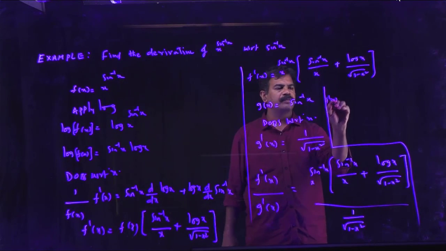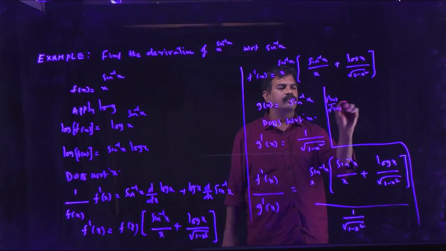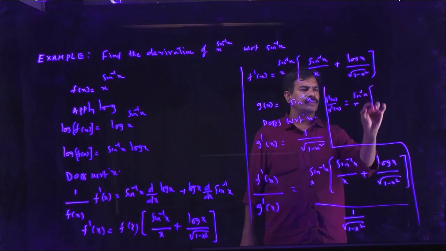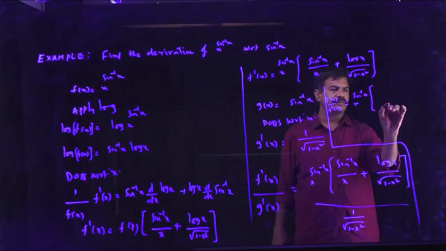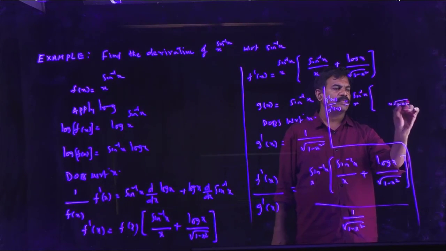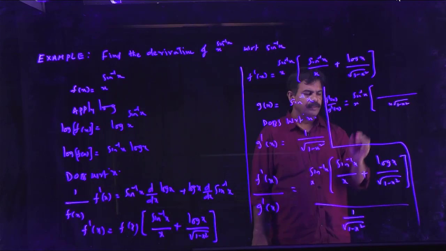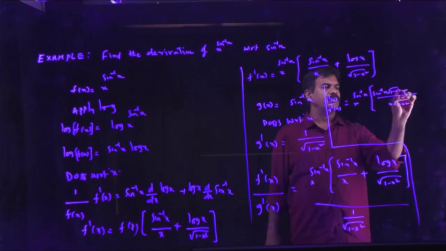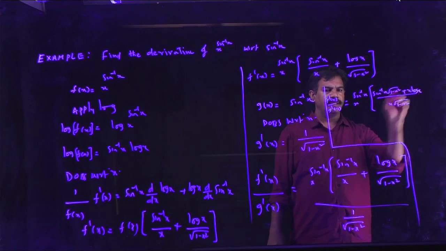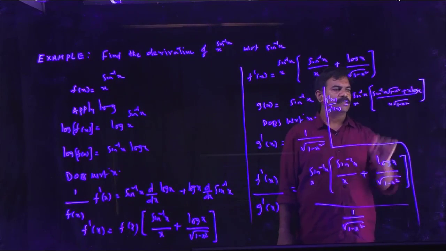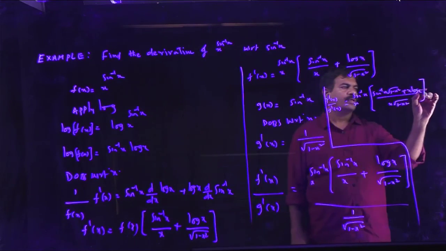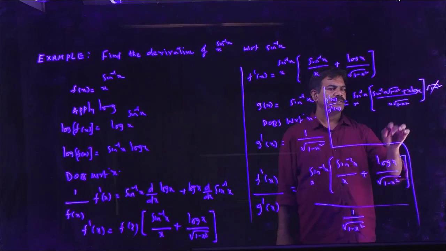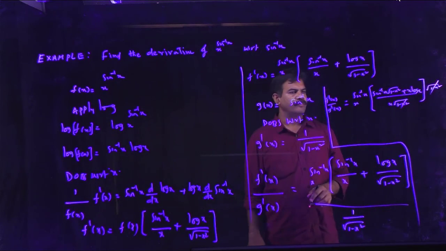F dash x by g dash x is equal to x power sin inverse x into, LCM is x into root of 1 minus x square, sin inverse x into root of 1 minus x square plus x log x into root of 1 minus x square. Root of 1 minus x square cancels.